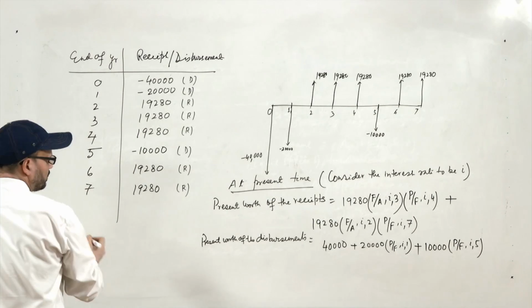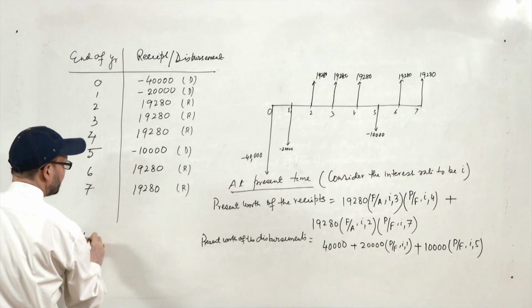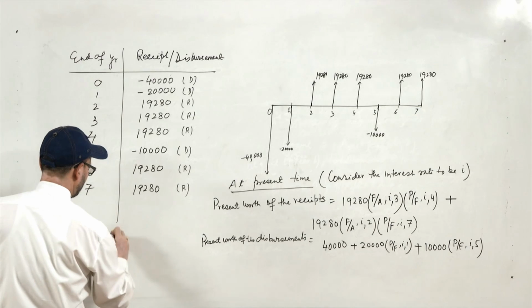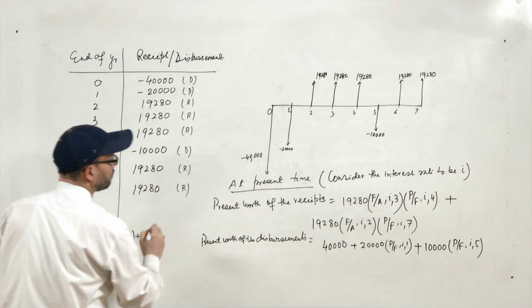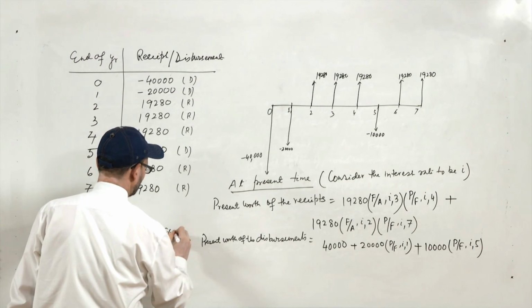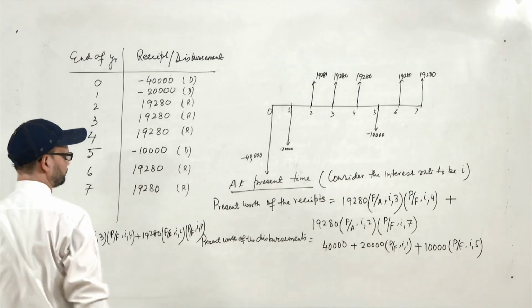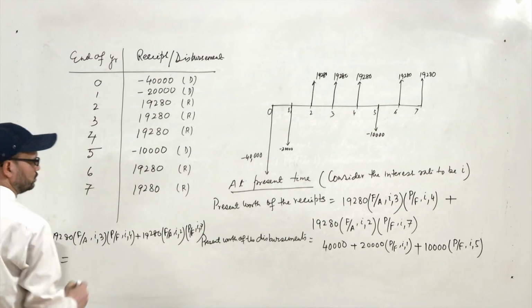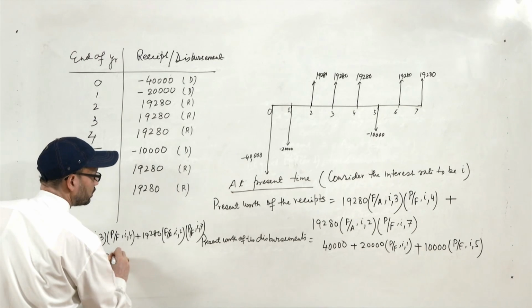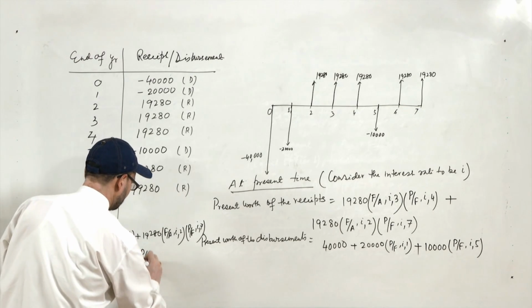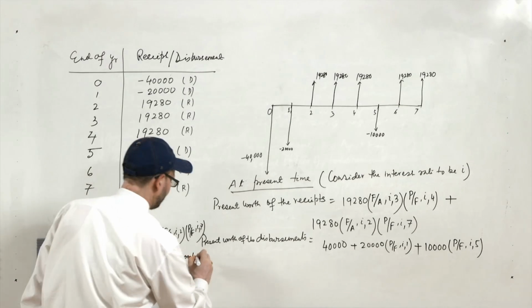Once we equate them, you get 19,280 F by A, I, 3 into P by F, I, 4 plus 19,280 F by A, I, 2 into P by F, I, 7 should be equal to 40,000 plus 20,000 P by F, I, 1 plus 10,000 P by F, I, 5.